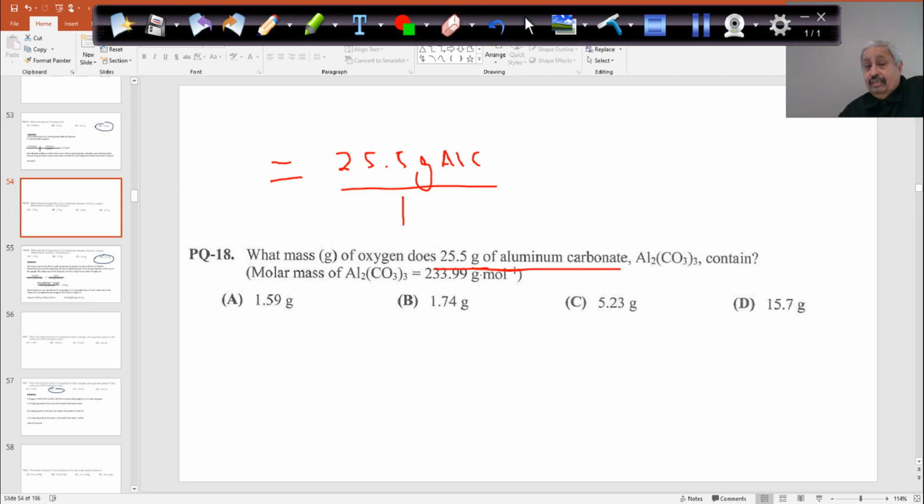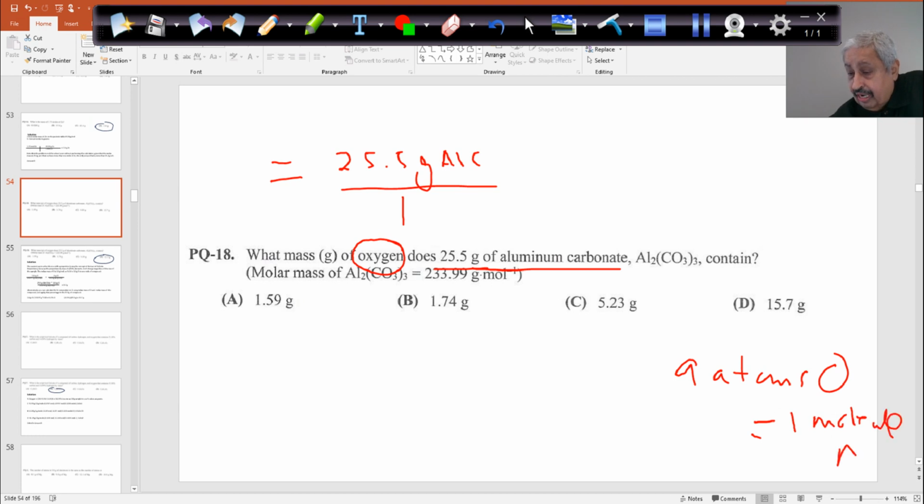Then I have to look at what's next. I'm looking for oxygen. The ratio is 9 atoms of oxygen to 1 molecule of the whole aluminum carbonate.